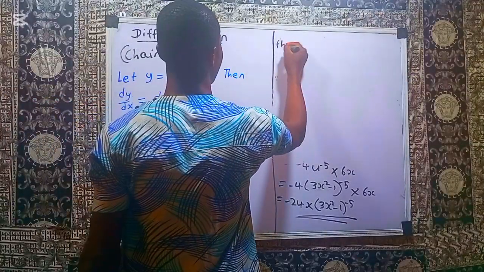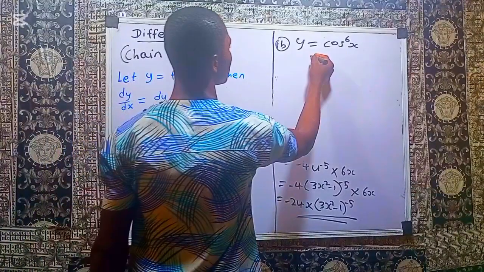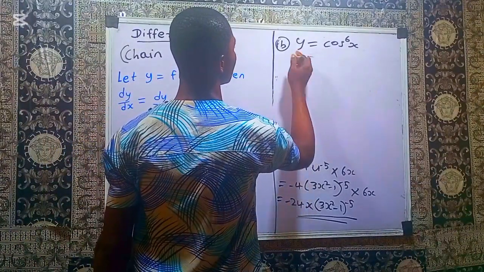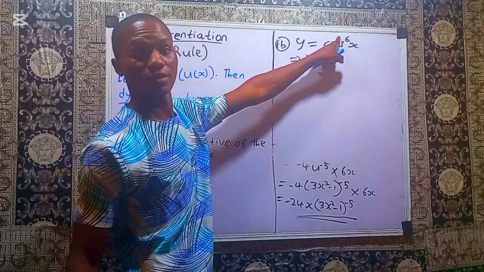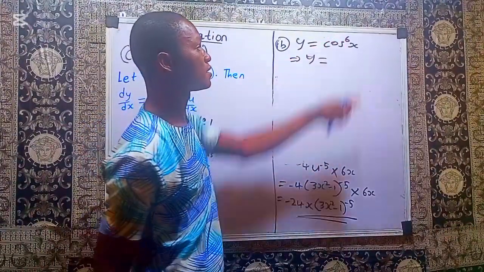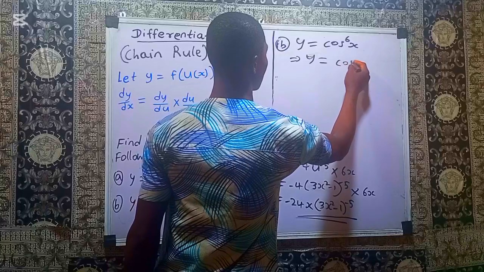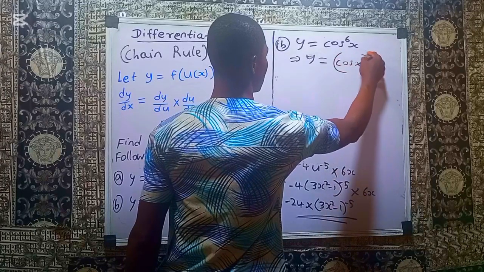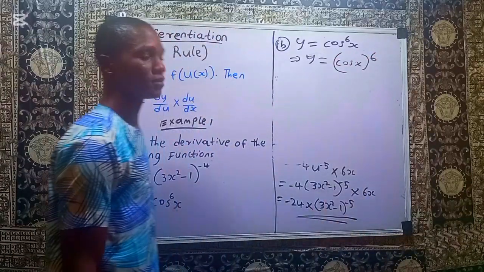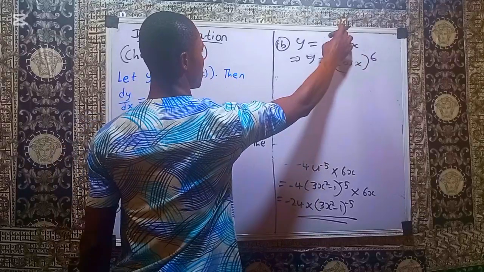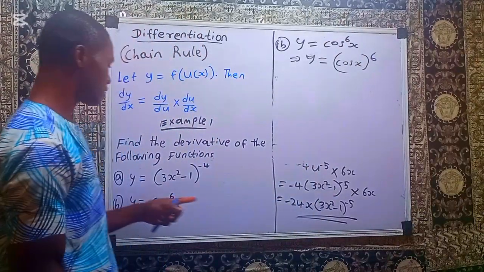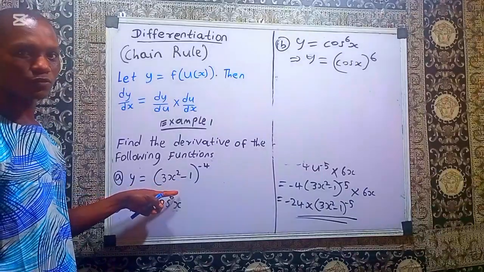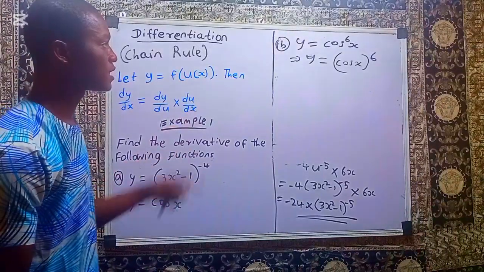So for question B, I'm going to write this. This implies that y equals, the index is 6, so I'll write this as cosine x raised to power 6. This is the same as this. So I can use similar knowledge to what we did here.